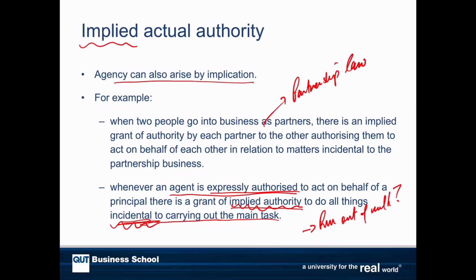It's a fundamentally different task. So it wouldn't be implied that I would be able to buy that coffee machine. So it's not everything to do with running the coffee shop, right? I'm just there to run it while the owner's away. It's the things that are incidental to that running that I'll have implied authority about.